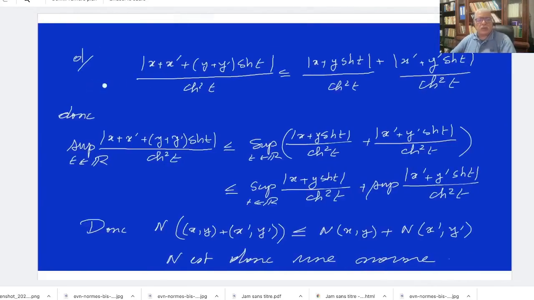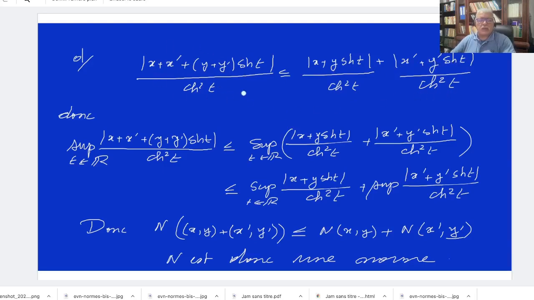The triangular inequality remains. We want to arrive at n of xy plus x'y' being less than or equal to n of xy plus n of x'y'. For this, first note that the absolute value of x plus y sh of t over ch2 of t is bounded by the absolute value of x plus y sh of t over ch2, plus the absolute value of the rest, x prime plus y prime sh of t over ch2.